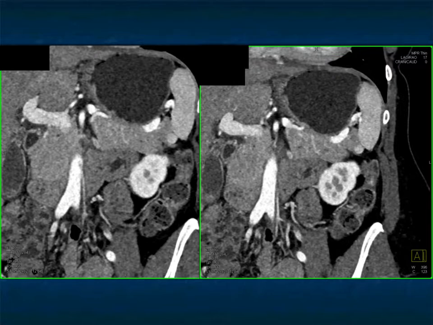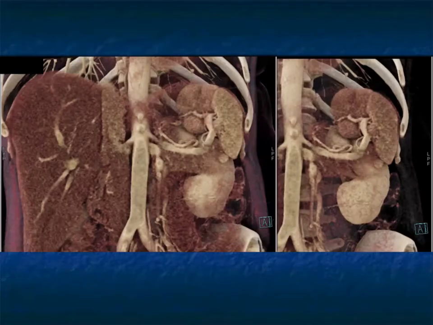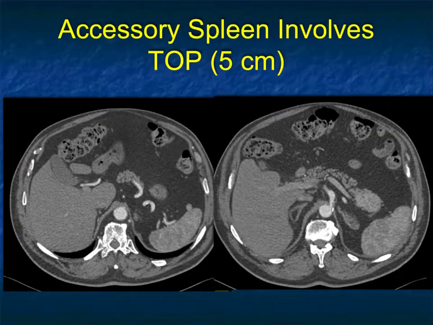You can see as we look at the coronal views, this is really a match between the spleen and the accessory spleen. Here it is in the cinematic as well, and we've been using cinematic as a way of making that distinction as well. This case was more tricky because this was 5 centimeters of spleen, but it sure looks like pancreas. There's textural changes. Maybe it's an infiltrating tumor.